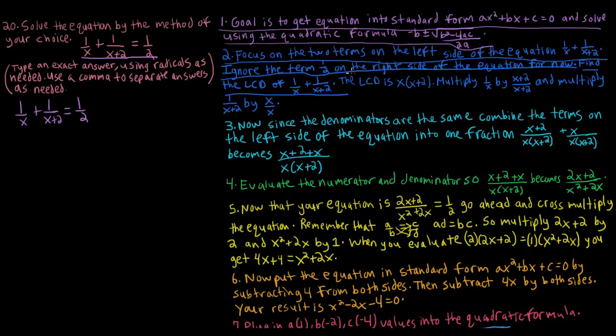x over x. So again, we want to focus on the left side of the equation. For now, we're going to ignore the right side. So we want to find the LCD of 1 over x plus 1 over x plus 2.